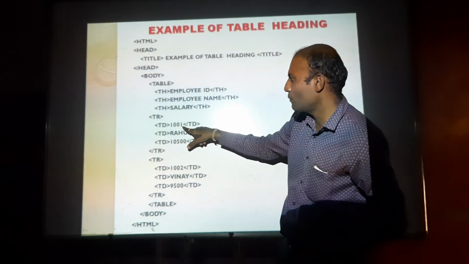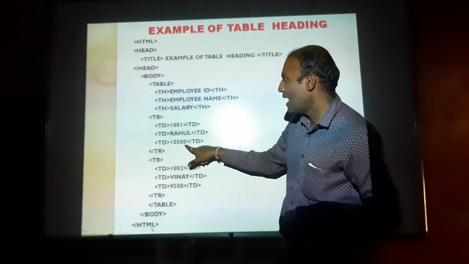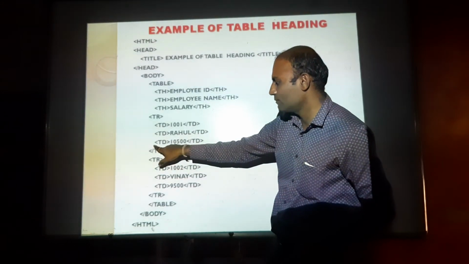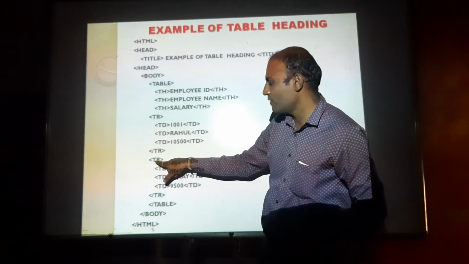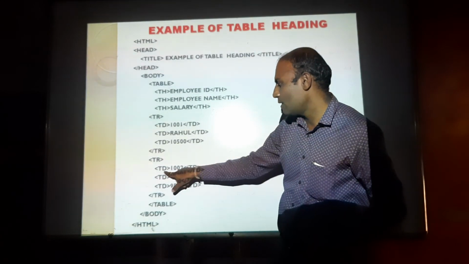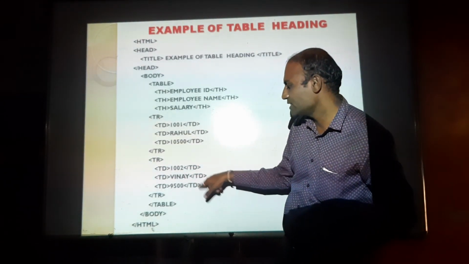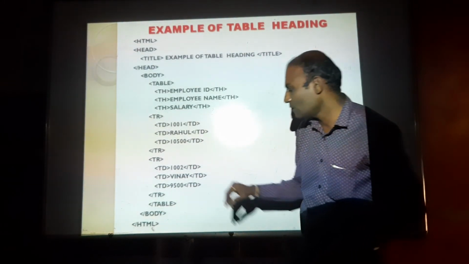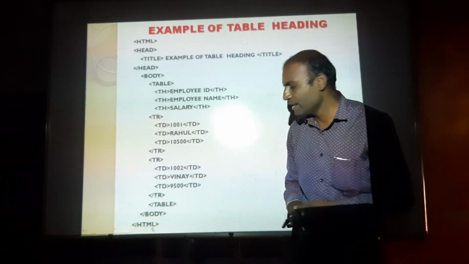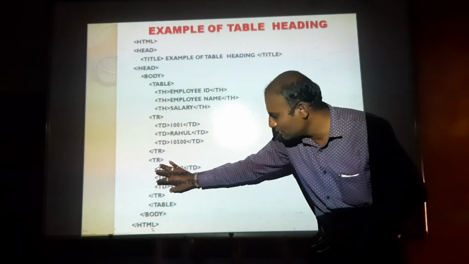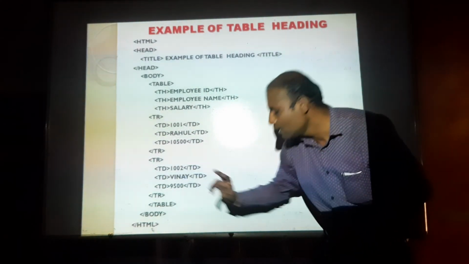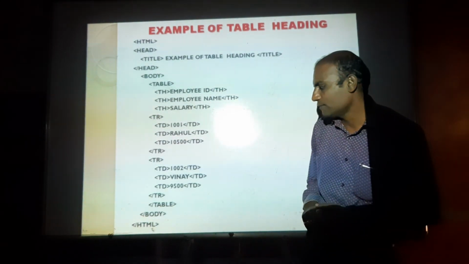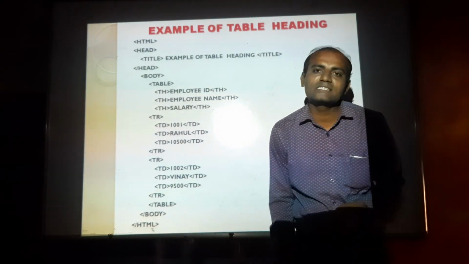We have mentioned employee ID, employee name Rahul and his salary 10,500, and end of the first row. So we are closing TR and opening one more TR, and we have TD 1002 as the employee ID, employee name Vinayak, and 9500 as the salary of the second employee, and we close the second employee record with the closing TR tag. Thereafter we close the table tag, the end of the body and the end of the HTML document.